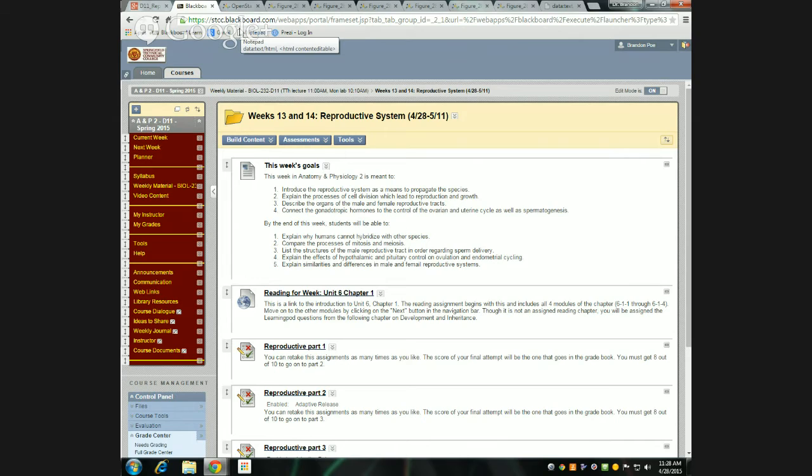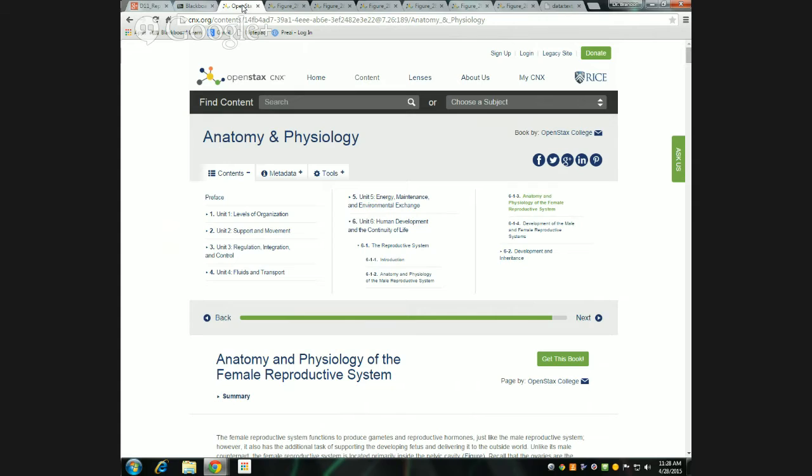Before class, as I was setting things up, I put the various figures that I want to deal with in tabs up here so I can just go to them real quick. As I was doing that, all of the material that I want to talk about in lecture for the reproductive system is presently in all those tabs up there.